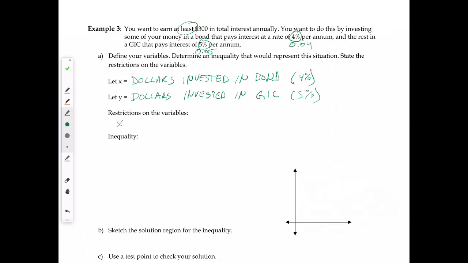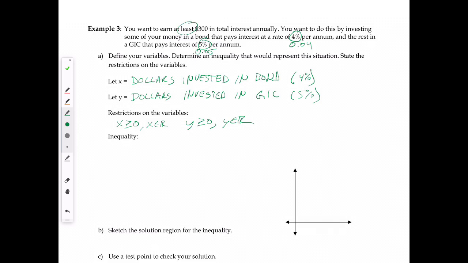Restrictions on the variables, well, we've already seen this. x has to be greater than or equal to 0, and y has to be greater than or equal to 0. We're not borrowing money so that we can invest it, because whatever we borrow is going to cost more.